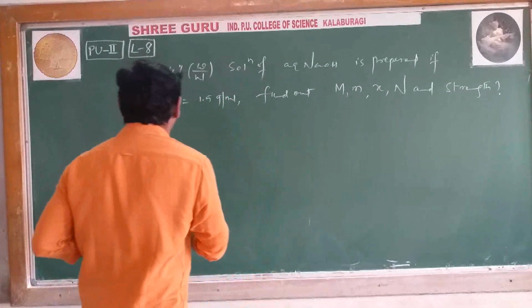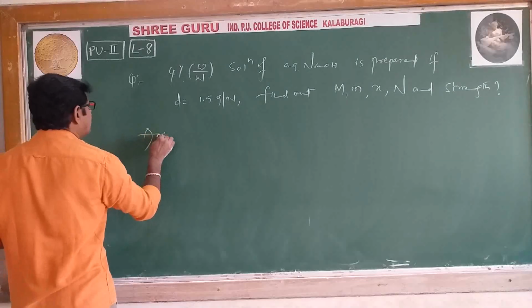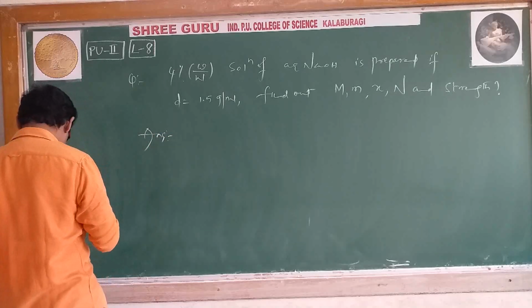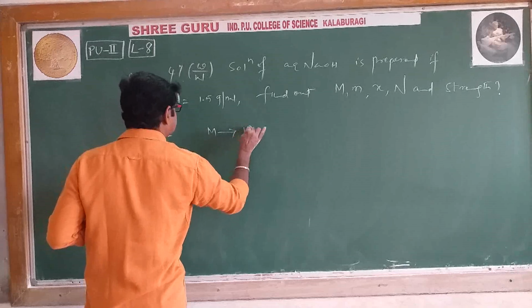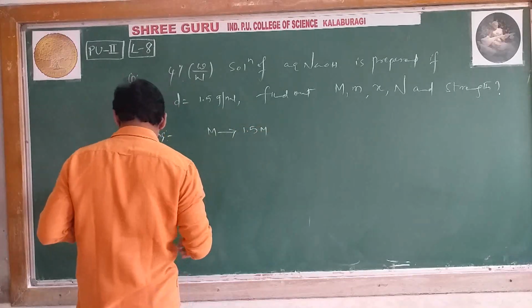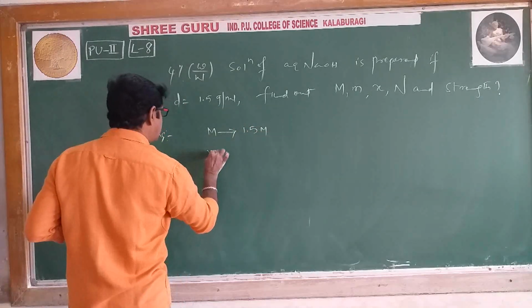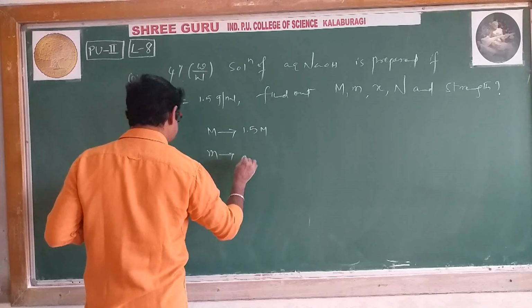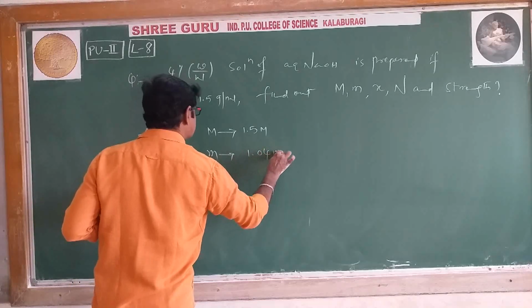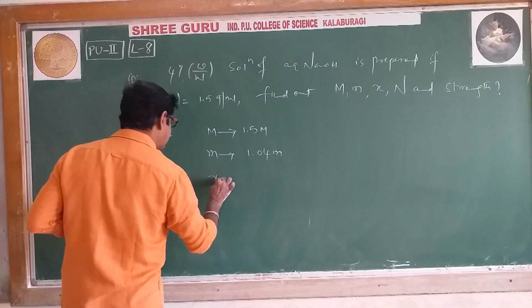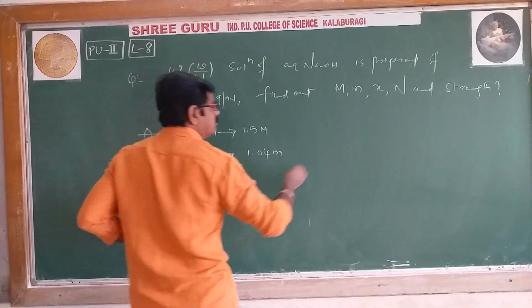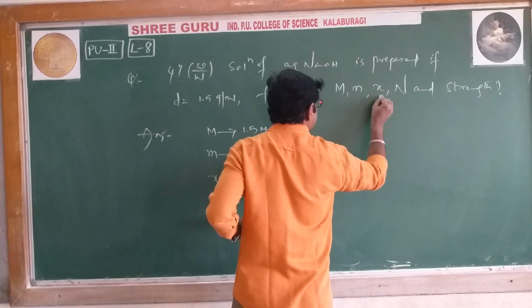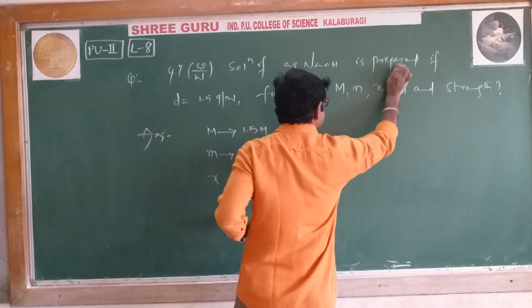This is the question. Now I will give you just all answers. This is homework to you. Here first the molarity answer is 1.5 capital M, and then molality is 1.04 small m, and mole fraction, of whose we have to calculate mole fraction of solute. I will write mole fraction of solute NaOH. What is solute?